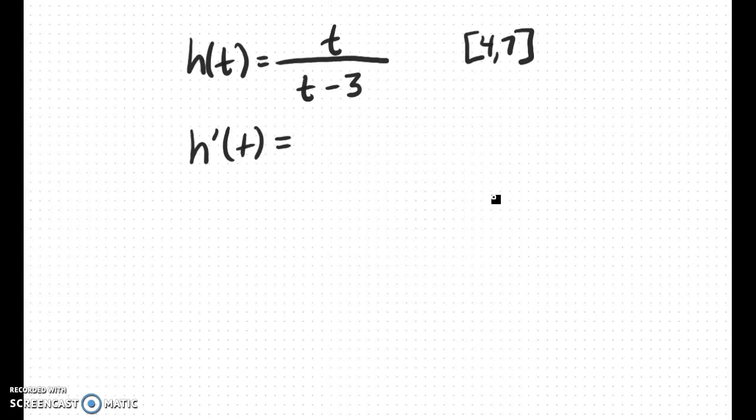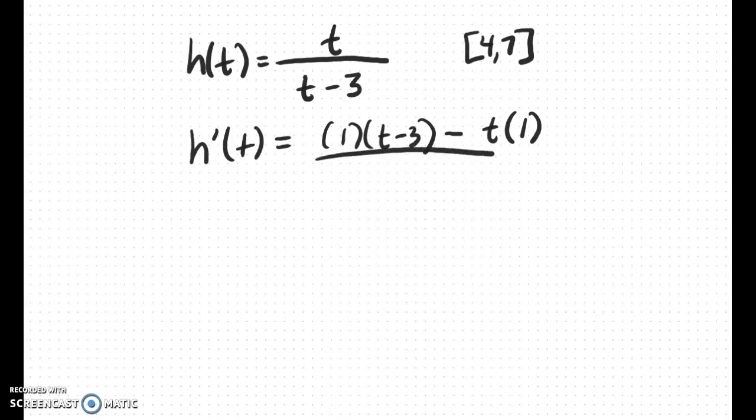The quotient rule says that I take the derivative of the numerator, which would be 1, times the denominator, and then I subtract the numerator times the derivative of the denominator. And that whole thing is divided by the denominator squared.